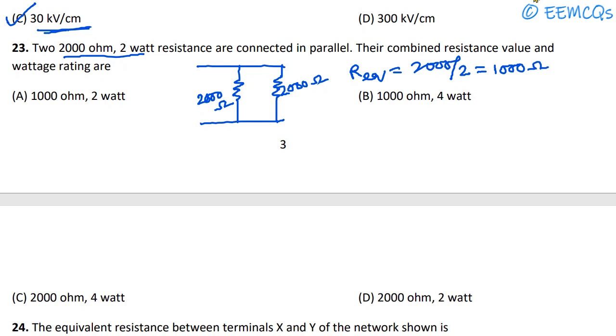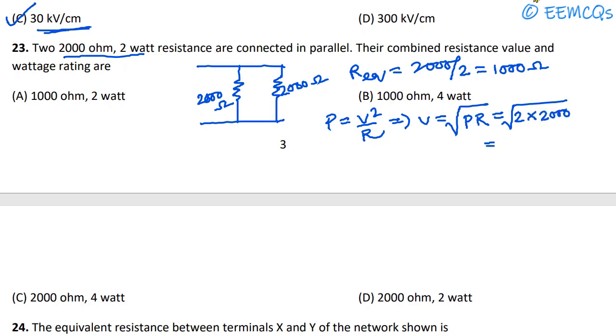Okay. Now both the resistances are having a wattage of 2 watt. So basically the power rating P is equal to V square by R. So the voltage rating V is equal to root over PR, which here is P is equal to 2 and R is equal to 2000. Okay. So this will be equal to 20 root 10. Now this is the voltage rating.